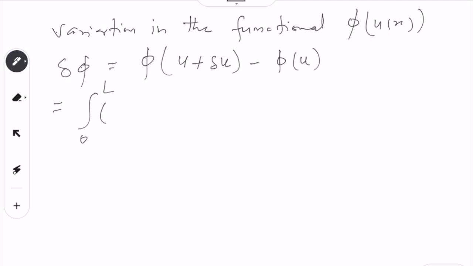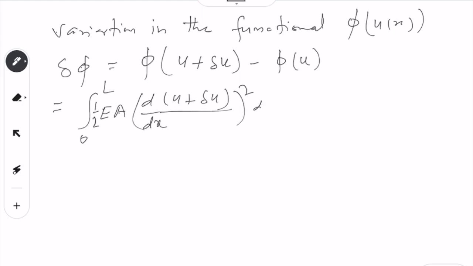and then we have half E A, then d over dx of u plus delta u, then you have the square of that, dx, and then we have minus integral from 0 to L of b (u plus delta u) dx.